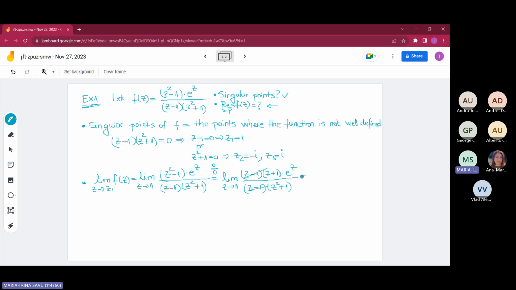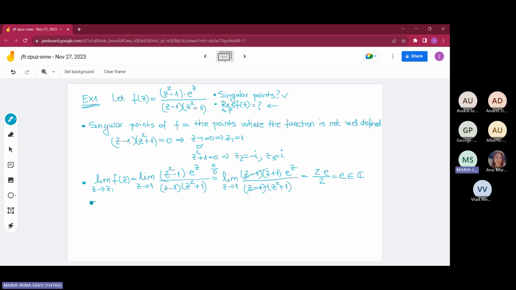You simplify this fraction here, and you get this equal to 2 times e over 1 plus 1, which is 2. So it is e, which is something finite. This is a complex number.